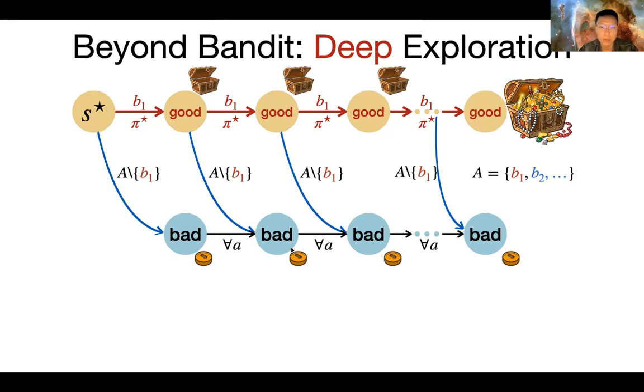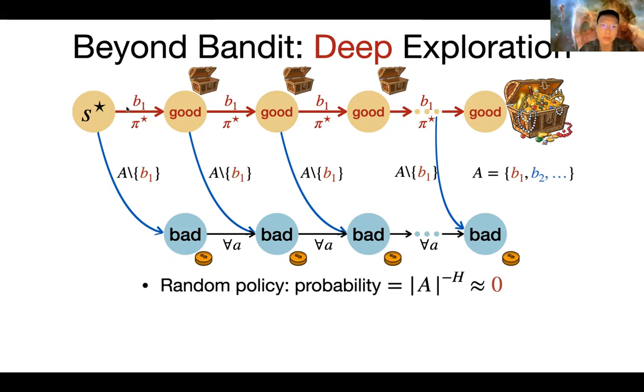If we are at a bad state, no matter which action we take, we will remain at a bad state. At each intermediate good state the reward is all zero, and eventually we will achieve a huge return given by this treasure chest. In all bad states, we have a very small return.